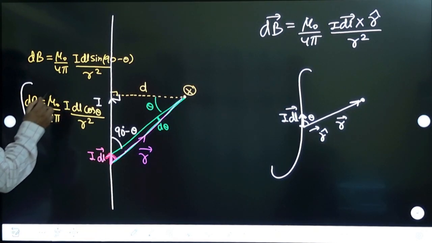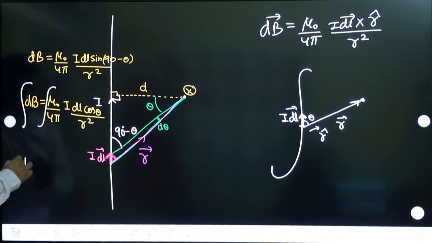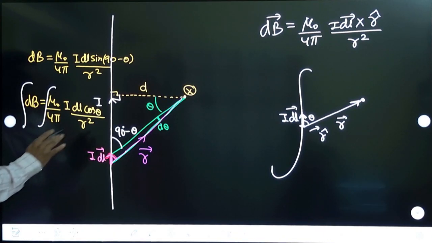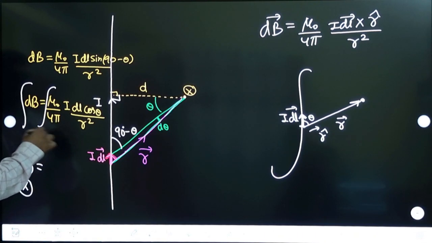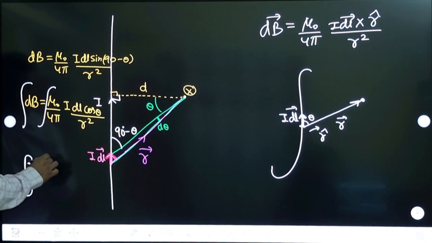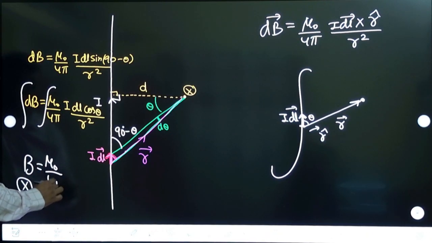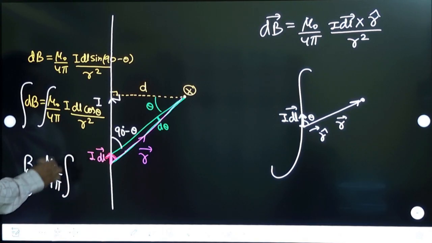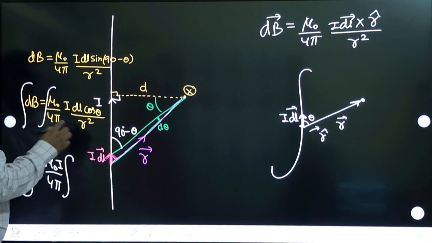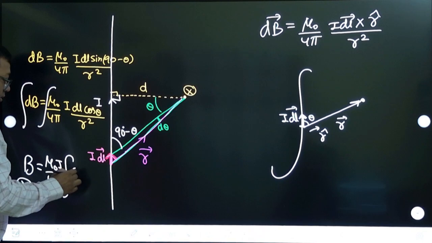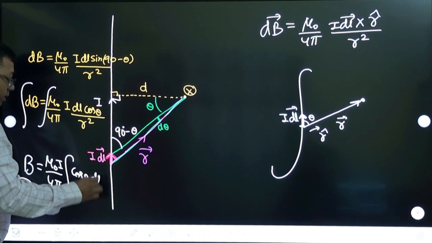So integrate this, and that will be the net magnetic field at that place, and note the direction is cross. Constant terms you take out: mu naught by 4 pi comes out, and I is also constant current, so it also comes out. Mu naught I by 4 pi, cos theta dl by r square.